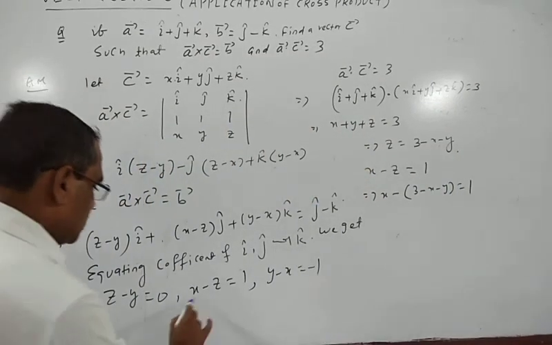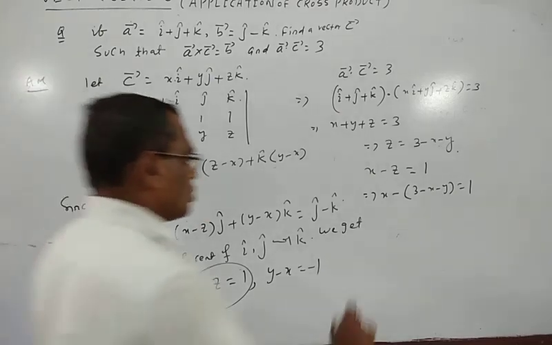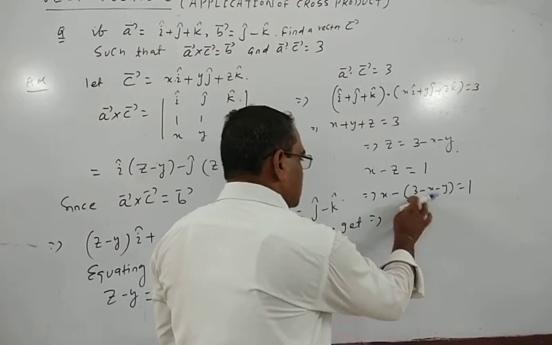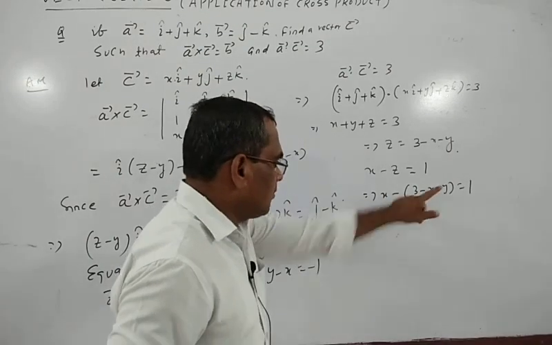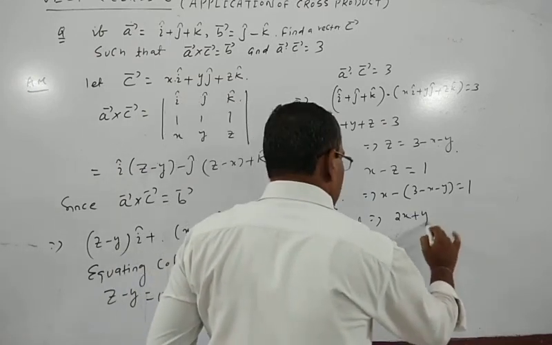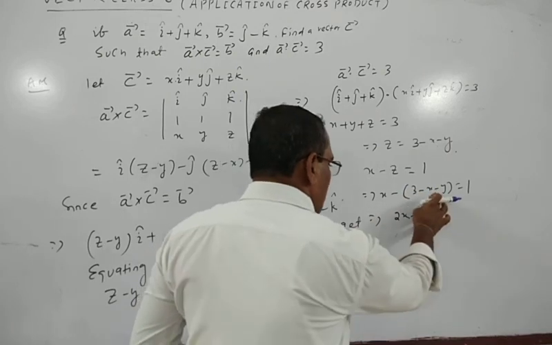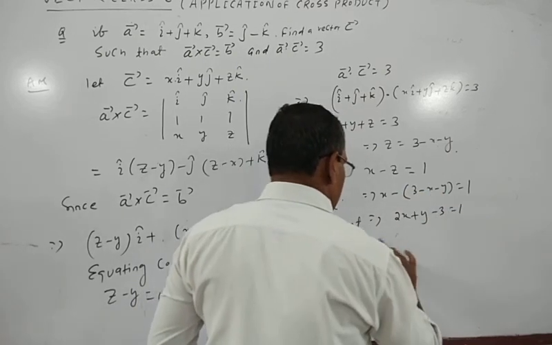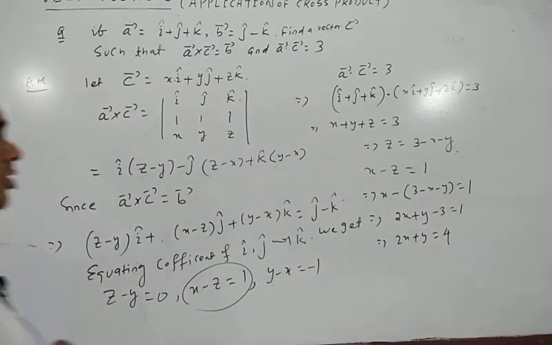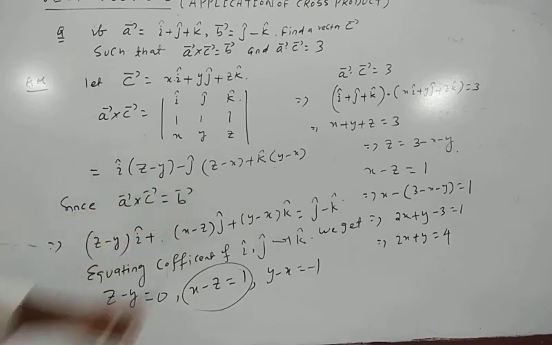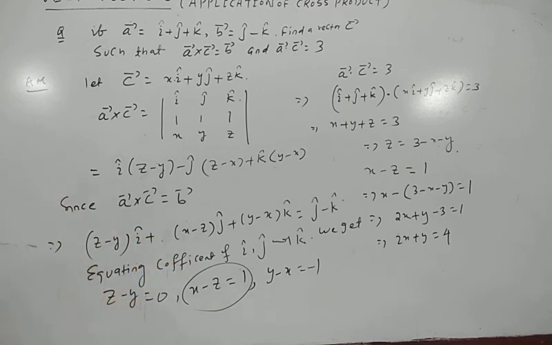Look, we have x minus z equal to 1, so we substitute the value of z. Then x minus minus x gives 2x, and minus minus y plus y, so 2x plus y minus 3 is equal to 1. That implies 2x plus y is equal to 4.